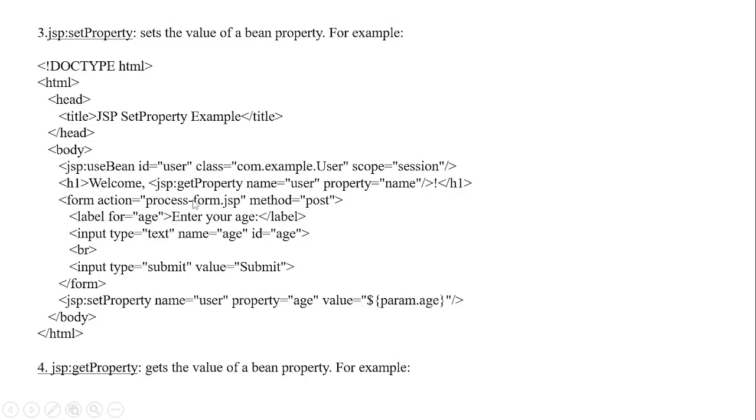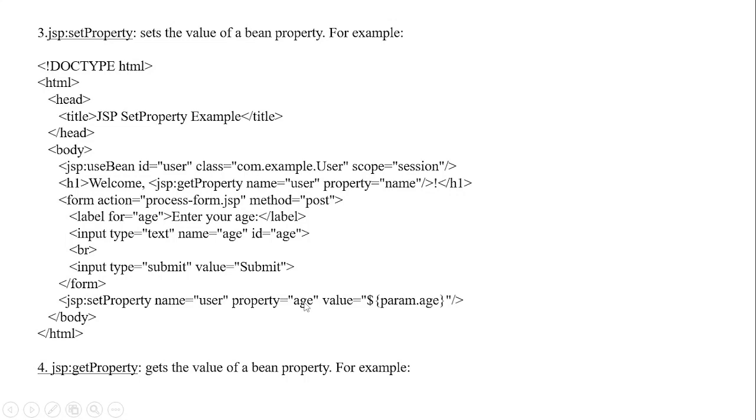After that we create one form tag here, and we enter some values in a text box. After entering some value, I click on the submit button. When I click on the submit button, the action will go to the processform.jsp file, and in this processform.jsp file we perform other operations. Then after the form tag we set the properties.